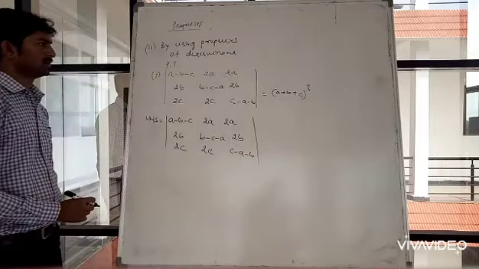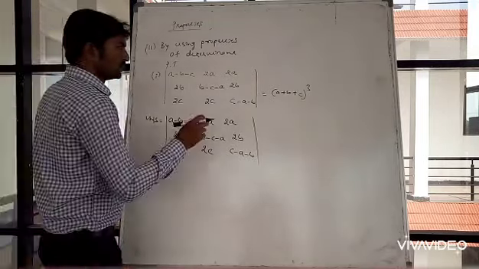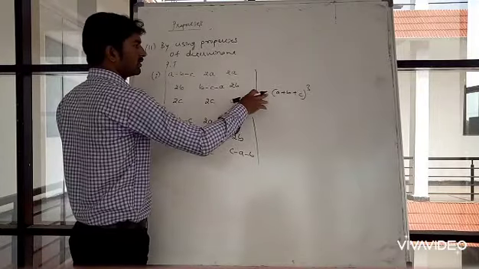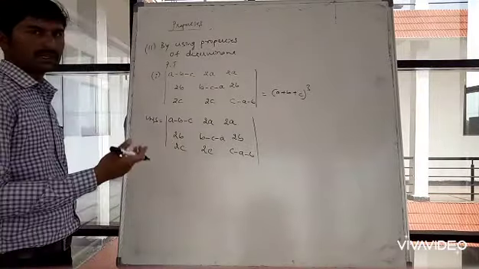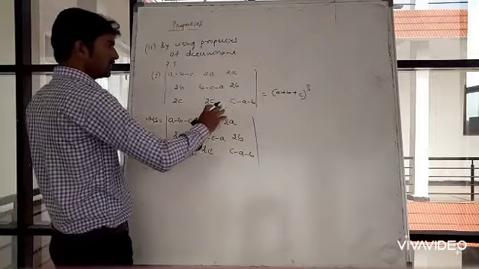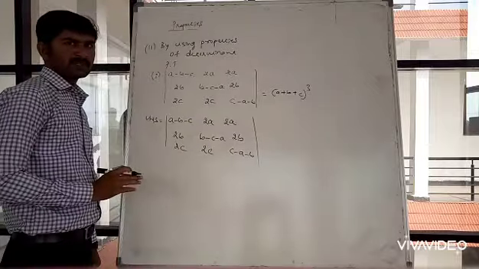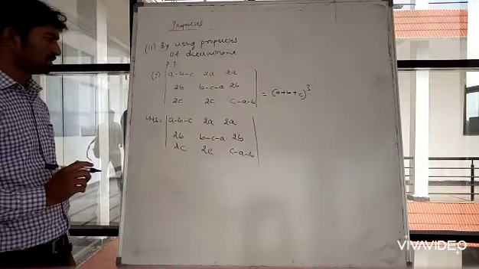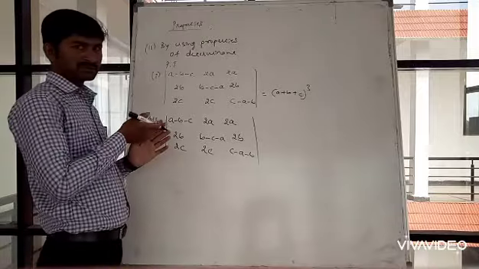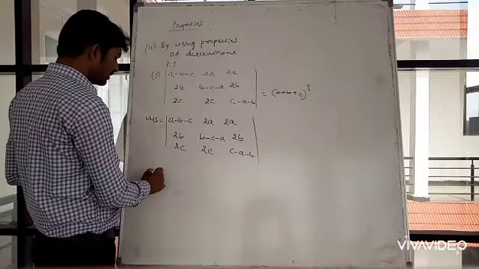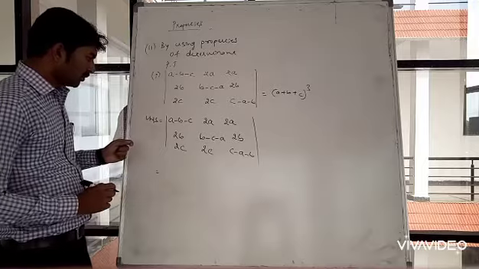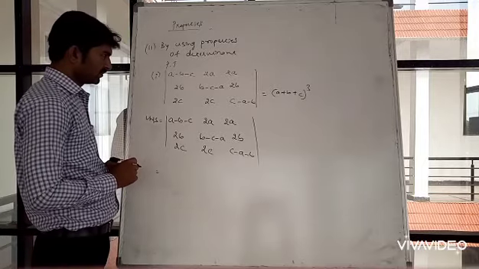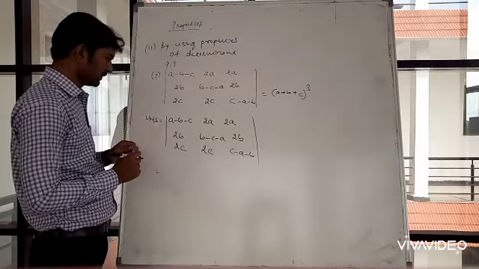To apply properties, before applying properties, we should know what is required. Means the right hand side we require (a plus b plus c) whole raised to 3, means we should get a plus b plus c. So for that, which operations we can apply here to get a plus b plus c?